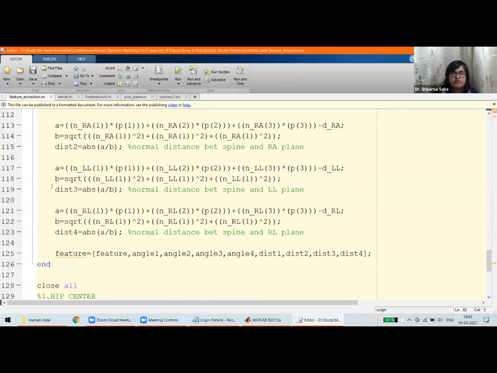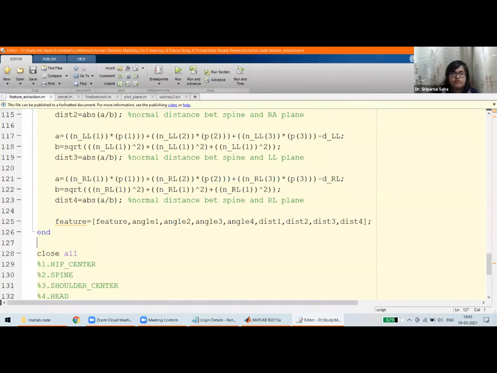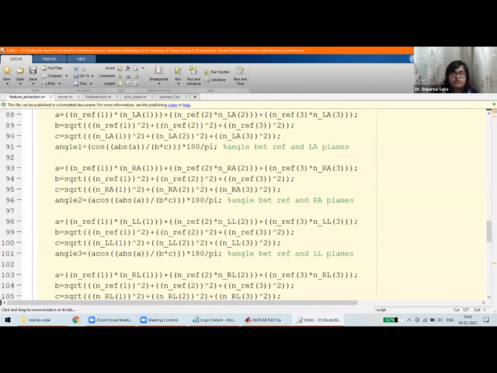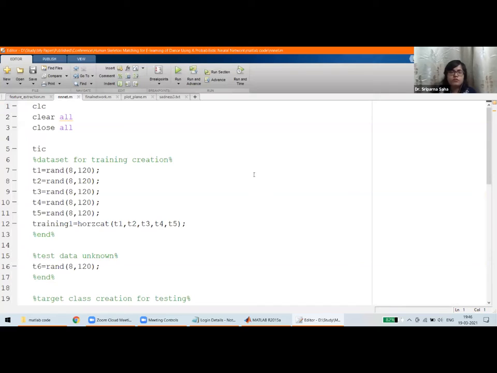After the feature extraction is done, we'll be moving to the neural network architecture, that is, using a probabilistic neural network. Before going to the probabilistic neural network, let's have this particular neural network architecture for one randomly generated data set. For this randomly generated data set, a neural network has been trained.